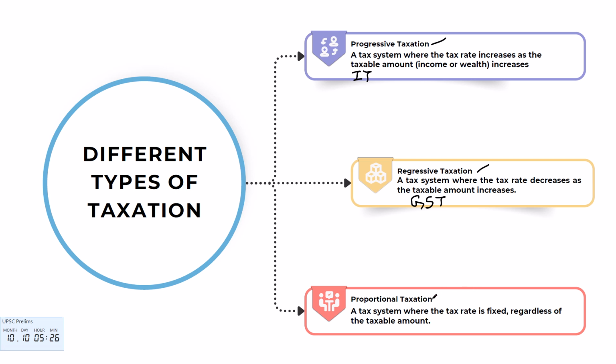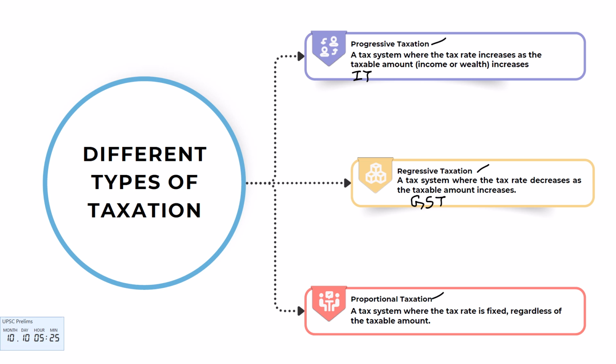Next one is proportional tax, a tax system where the tax rate is fixed regardless of the taxable amount. Everyone here pays the same percentage of their income in taxes. It is simple and pursues fairness as everyone contributes equally.